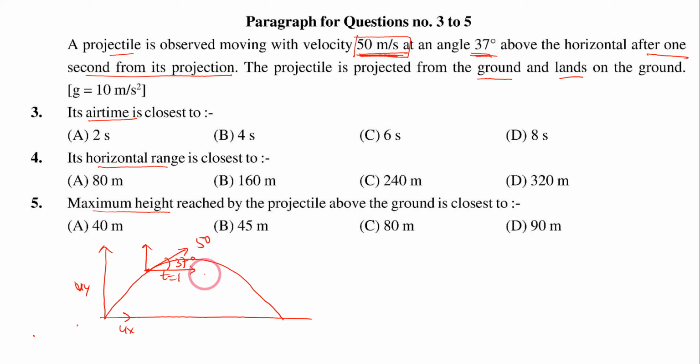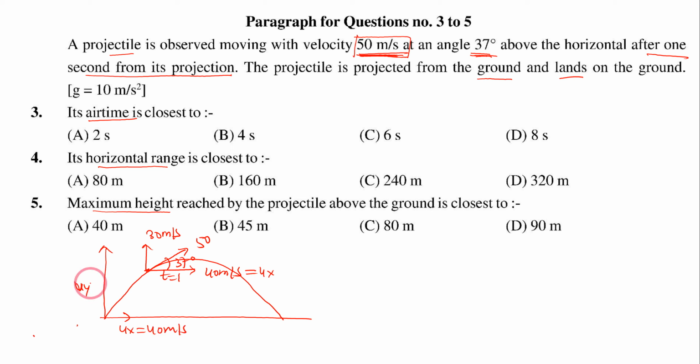It will be cos 37 on x axis, so 40 meter per second on x axis, and 30 meter per second on y axis, 50 sin 37. Now on x axis there is no acceleration, so the initial velocity remains the same. So ux will be 40 meter per second.